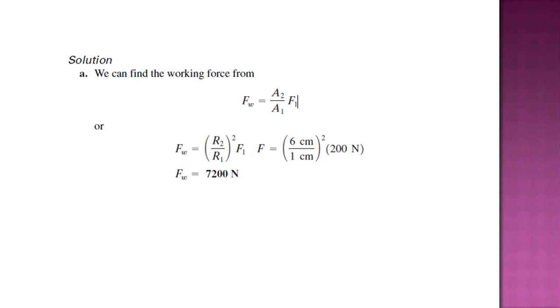So we have a 6 centimeter radius working piston and a 1 centimeter radius forcing piston. F1 is given over here, so Fw can be easily found as 7,200 Newton.